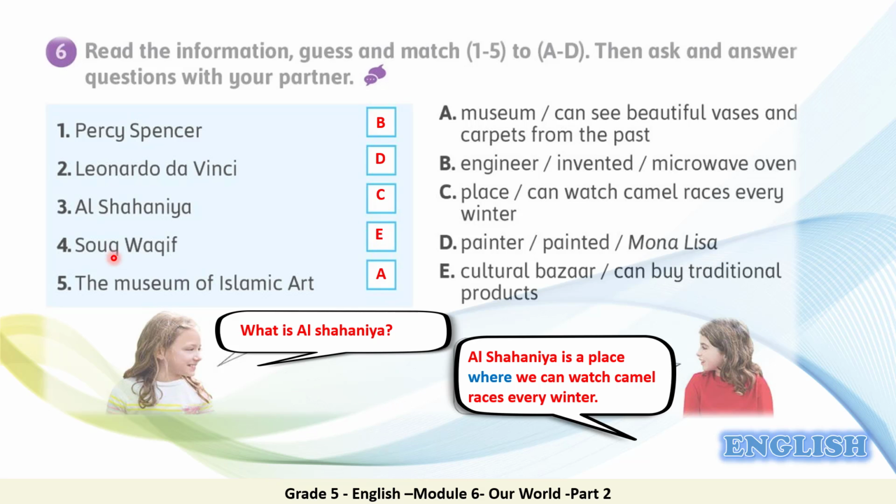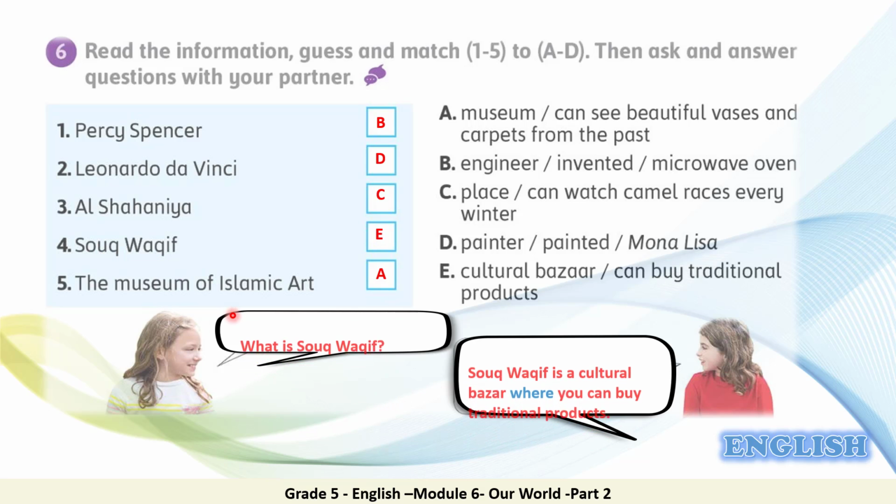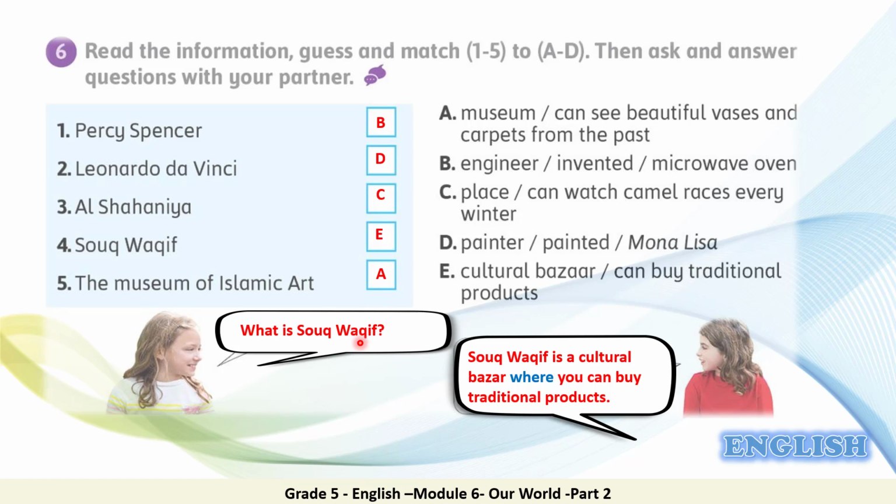And about Souq Waqif, what is Souq Waqif? Souq Waqif is a cultural bazaar where you can buy traditional products. And the last one, what is the Museum of Islamic Art?